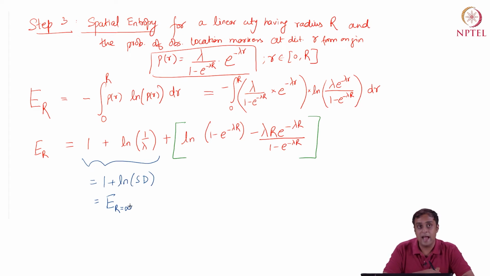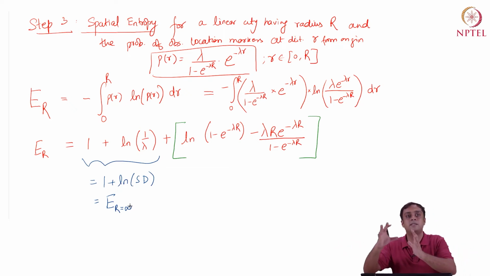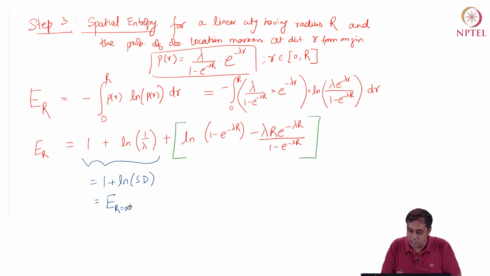So what I am looking at is the entropy of a linear city, which can be written as the entropy of an infinitely large city plus an entity which is a function again of lambda and R, right?